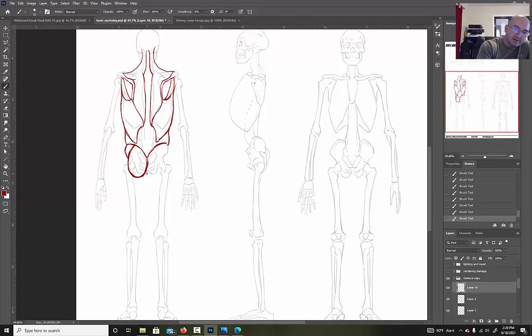Now, again, you're going to see that fascial tendon connection as it goes down onto the femur bone and attaches to the femur. And then you've got your IT band and your hip flexor that cover.